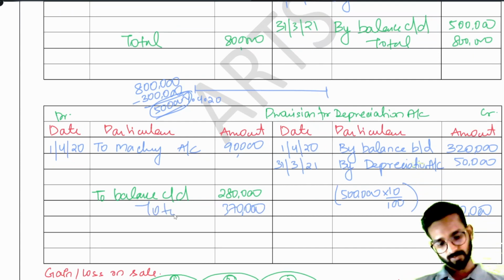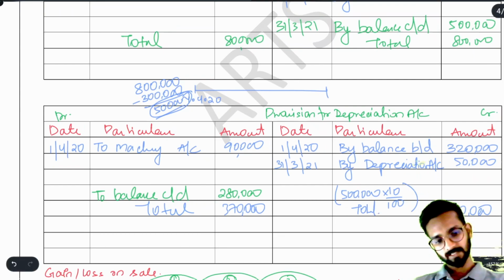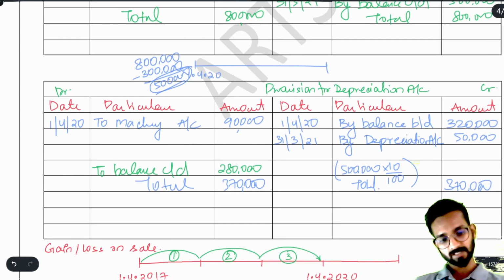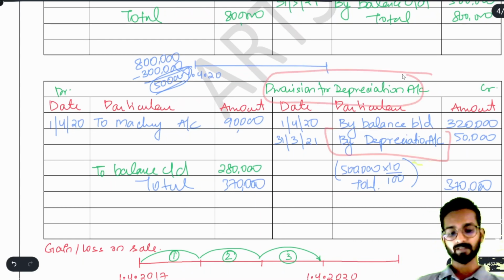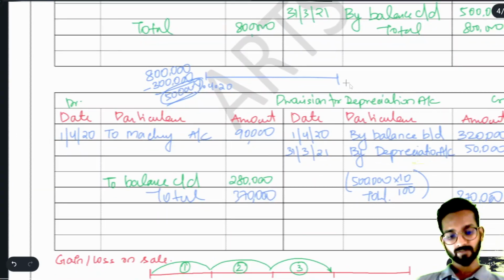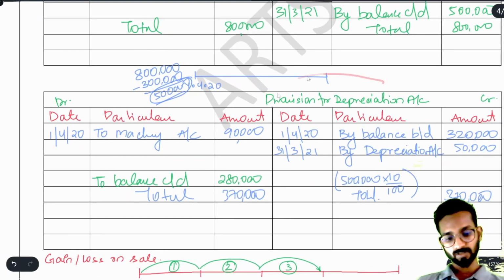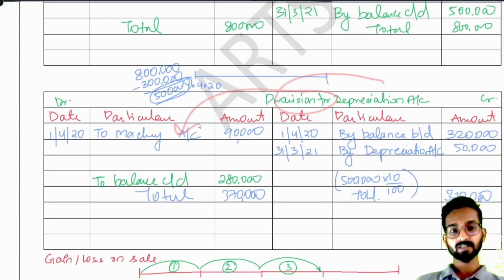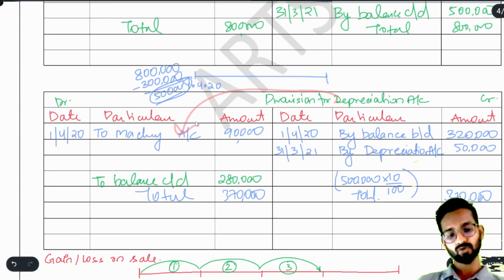This is your total balance. Understand this? You will charge depreciation in provision for depreciation account if you are preparing this account. And then you will charge from provision for depreciation account, you will put some money in the machinery account only when that machinery or that fixed asset is sold.